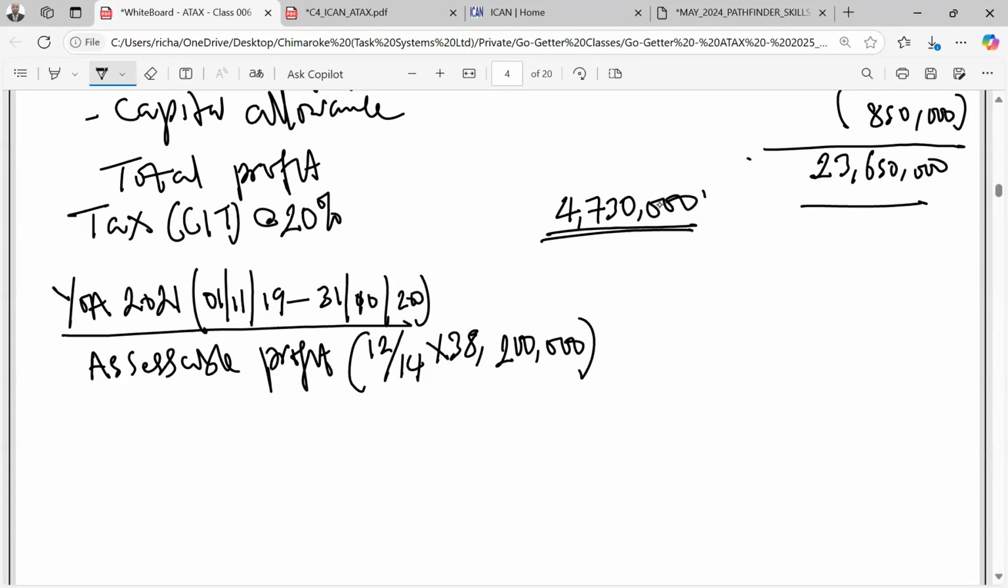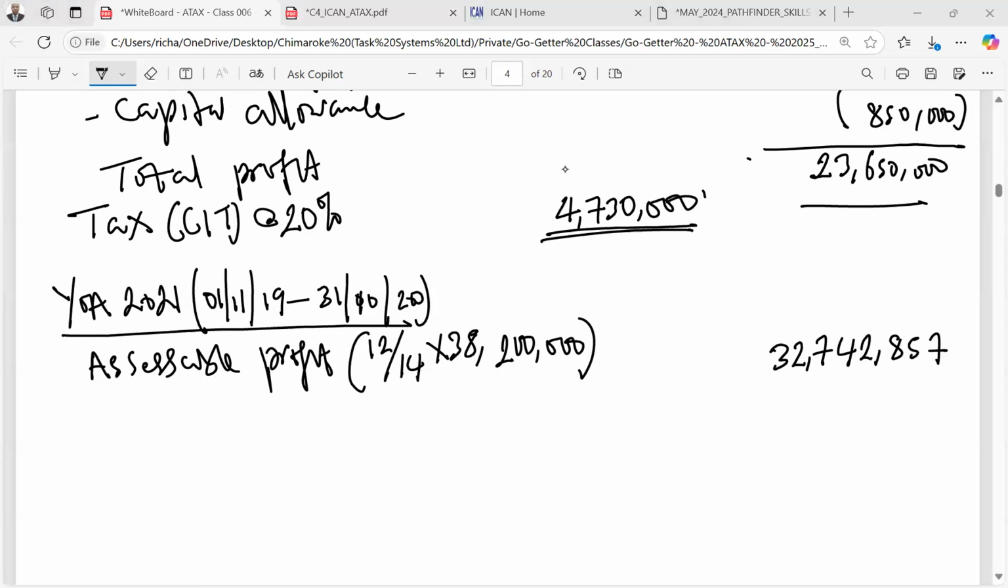I'm so sorry. 12 over 14 times 38,200, it's been a long time since I pressed a calculator. So that's 32,742,857.14, and the decimal we have is four, but it's less than 5, so it's 32,742,857.